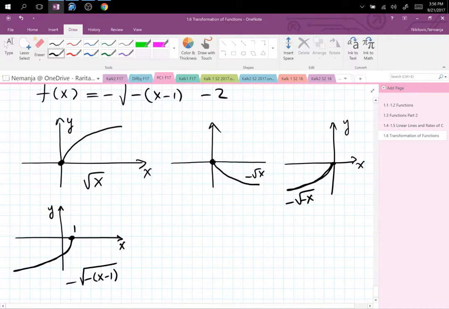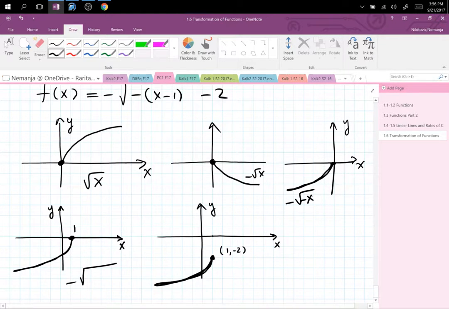And then finally, 2 units down. So this 1 will go 2 units down, and we are going to keep the same shape. 1, negative 2, x and y. This is a point to write on a test.